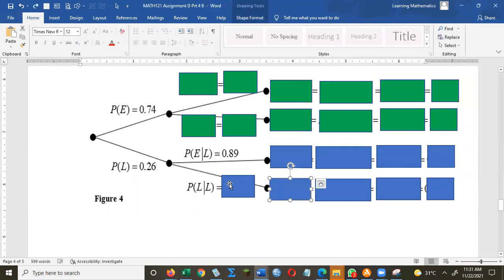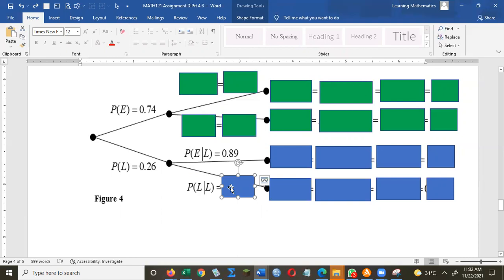And what do you expect the value to be here? 0.08, exactly, because we have to subtract. In this example, remember you have to subtract 0.89 from 1.